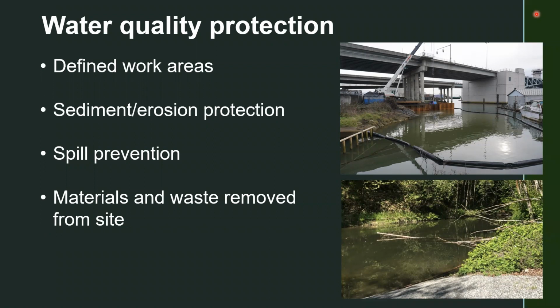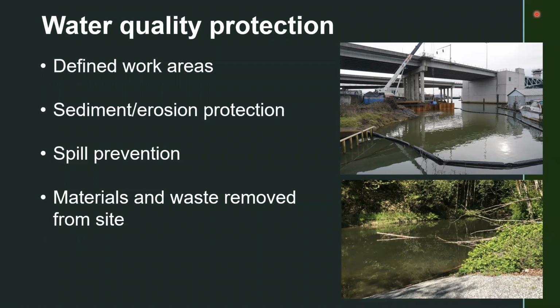First, we're going to be defining our work areas very strictly so that we don't get too close to the stream, we don't get too close to wetlands that we don't need to impact. And the contractor and the agencies all have a mutual understanding as to where work will be allowed.